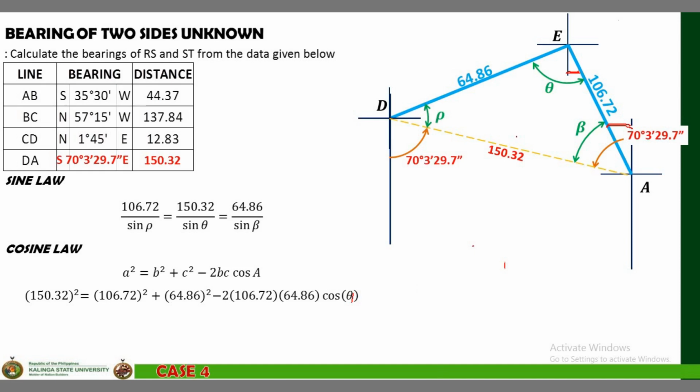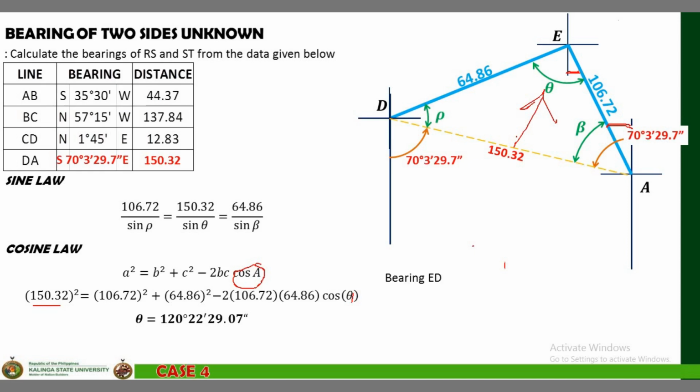Take note, the angle you put here should be the angle opposite 150.32. The angle opposite 150.32 is theta. Right? So, by direct substitution, my calculator gives theta equal to 120 degrees, 22 minutes, 29.07 seconds.